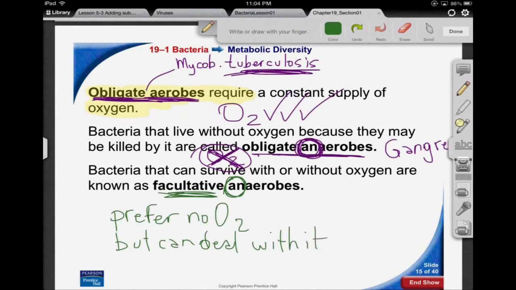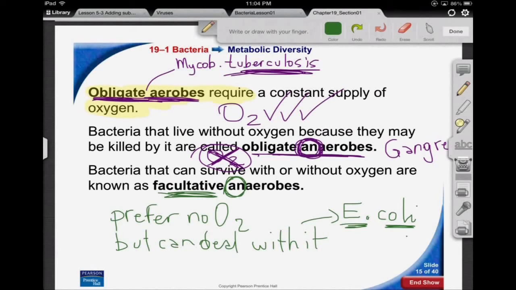And a classic example of that is E. coli. They're so wonderful in our bodies, in our large intestine, but I really wouldn't want E. coli getting into my bloodstream. A very oxygenated environment, they're much different in an environment like that. So they have their preferred environment and their non-preferred environment.